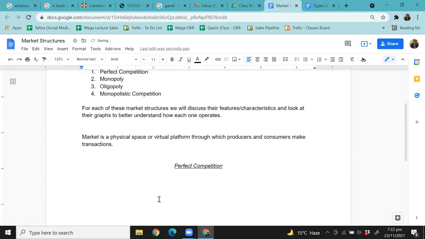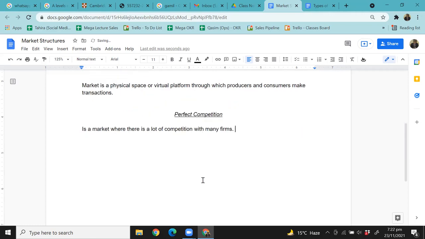So perfect competition, as I said, is a market where there is a lot of competition, with many firms. So a very simple definition of perfect competition is a market where there's a lot of competition because of many firms. So that's the first thing that you need to remember.